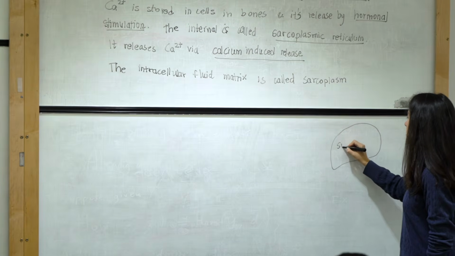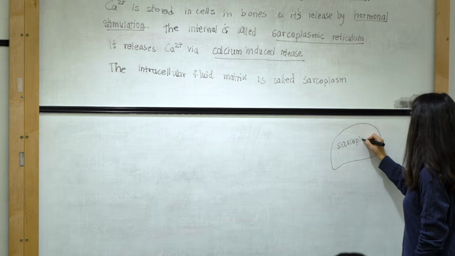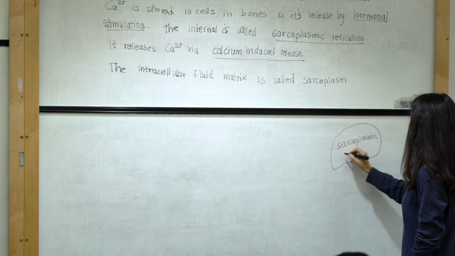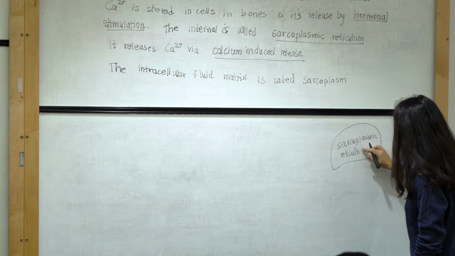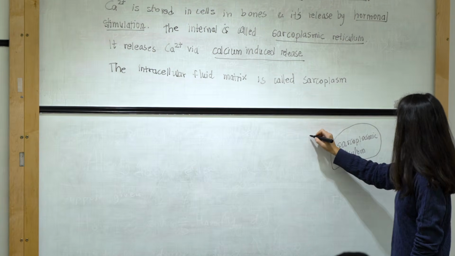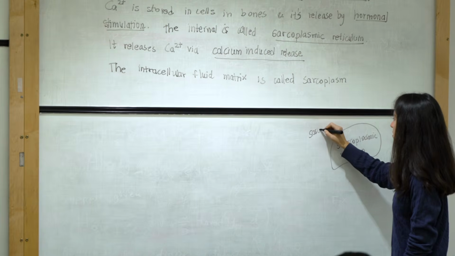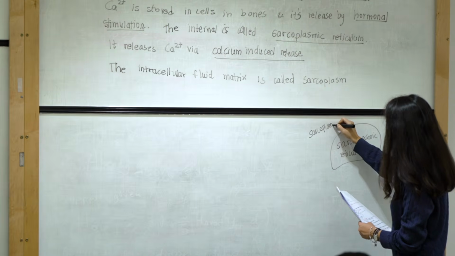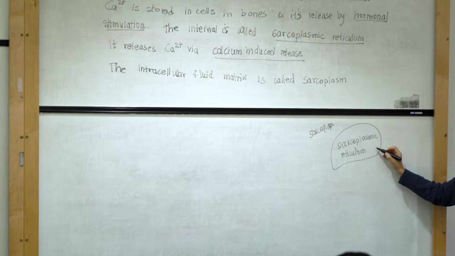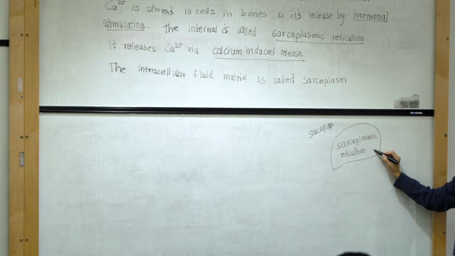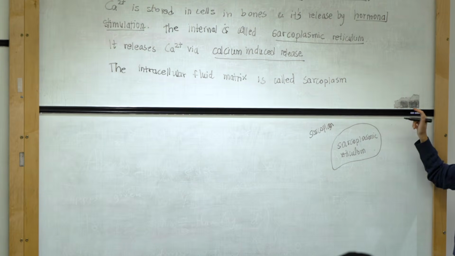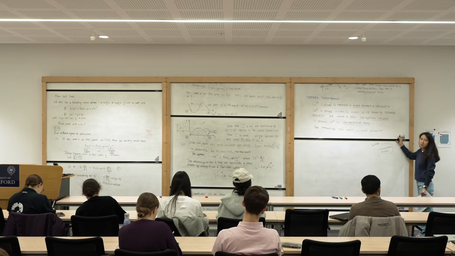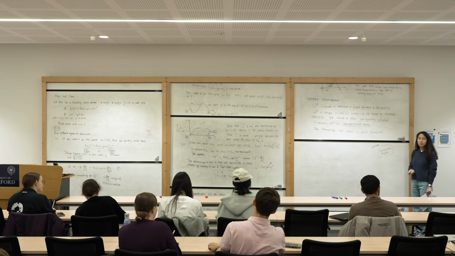This is the sarcoplasmic reticulum, and there is also the sarcoplasm here. You will have some concentration of calcium inside, some concentration outside, and then there will be active releases of calcium in and out of this cell. But we will do this next time because you already had a lot of information thrown at you. Thanks.